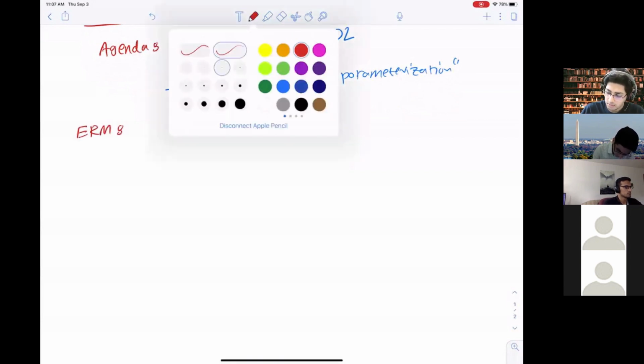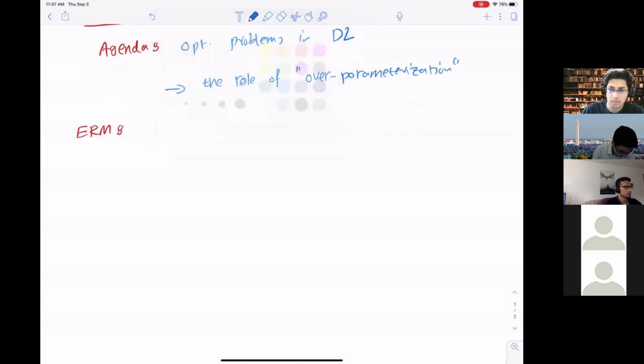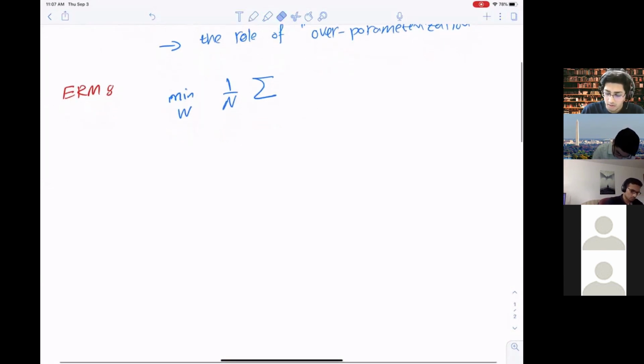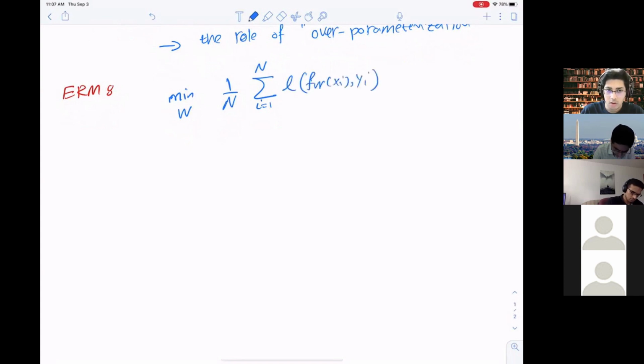We are getting a training set and we are minimizing our weights W based on the average loss of our model over training samples. So I have 1 to n loss of f_w of x_i, y_i.